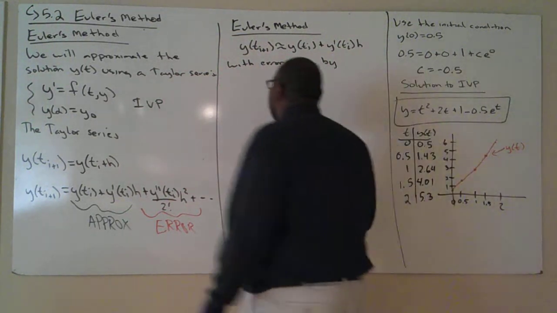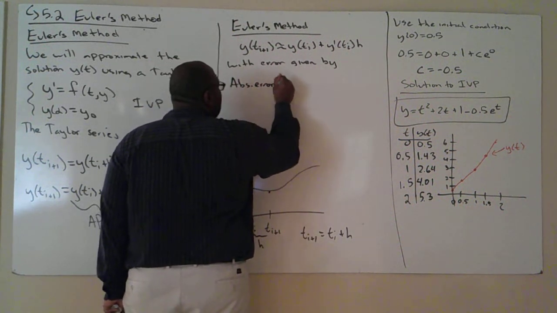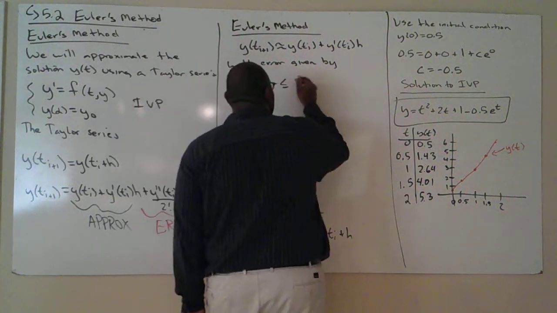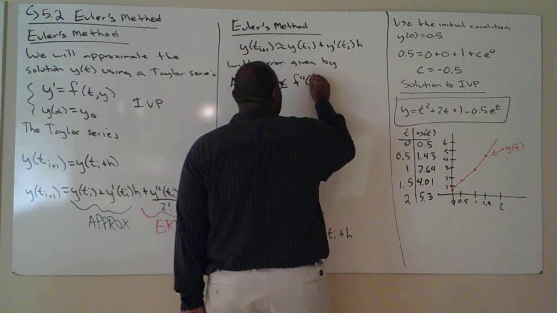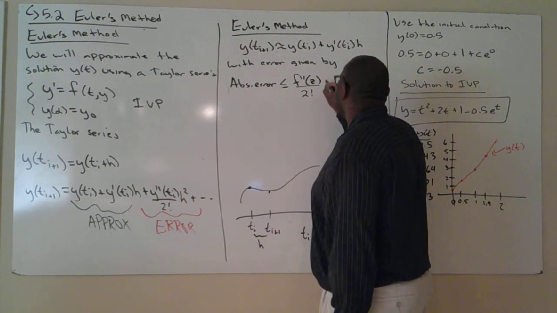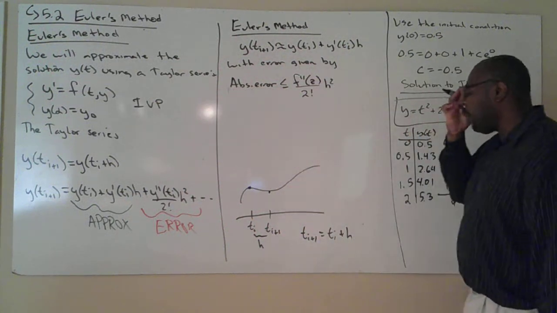I can say my absolute error is going to be less than or equal to f double prime, evaluated at z, divided by 2 factorial, times h squared, where h is the distance between t sub i and t sub i plus 1.